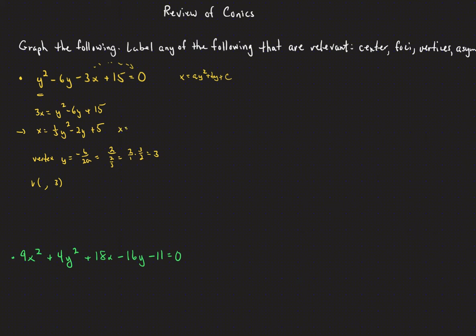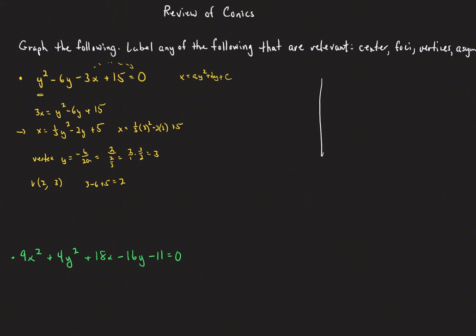So that's going to be 1/3 times 3 squared minus 2 times 3 plus 5. 3 squared is 9. A third of that is going to be 3, minus 6 plus 5 is going to be 2. So our vertex is going to be at 2, 3.